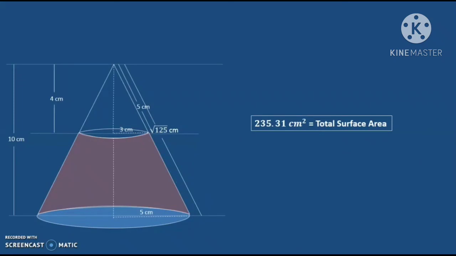Also, the key here is to know that the surface area of a cone is made of two portions that are added together. We've got the base area, which is the area of a circle, and then you've got everything else wrapping around, the lateral area.